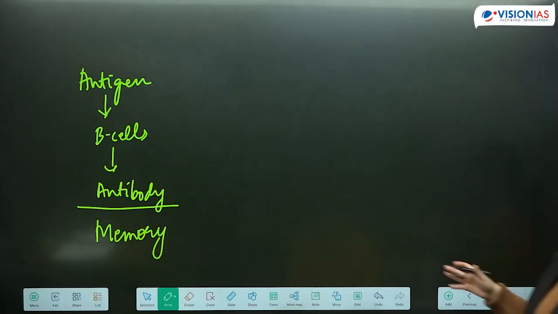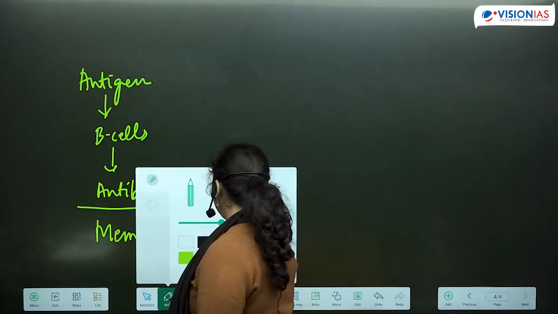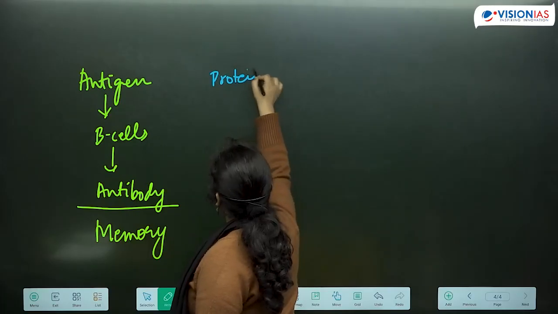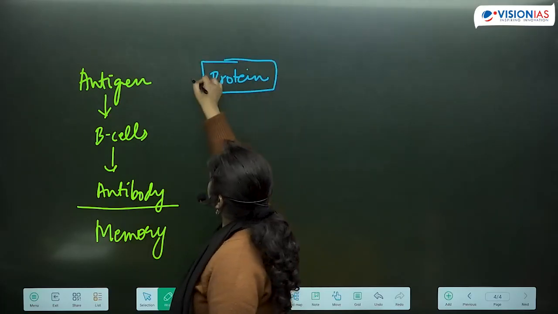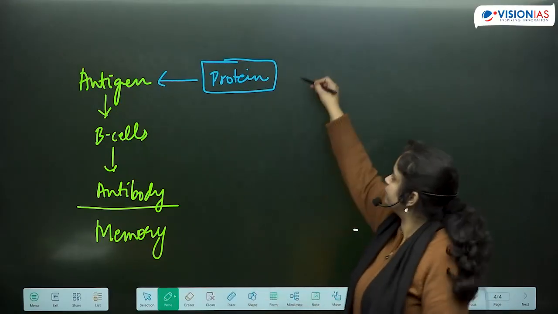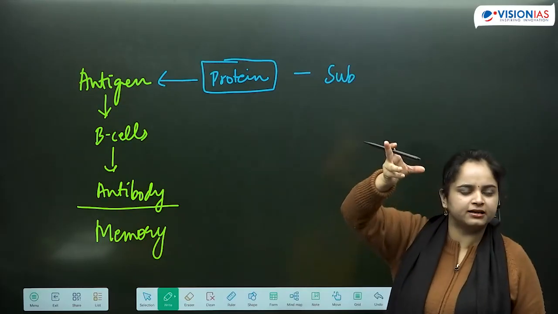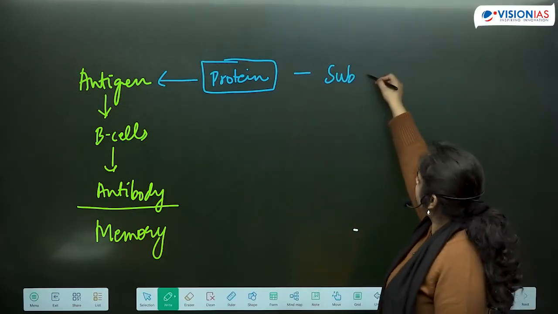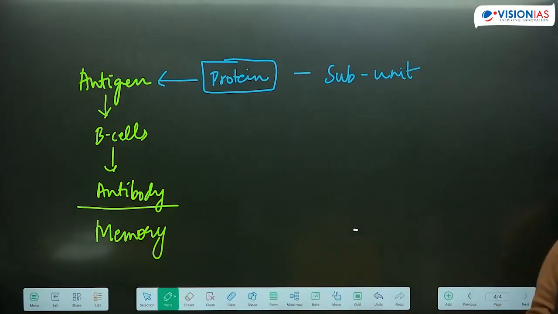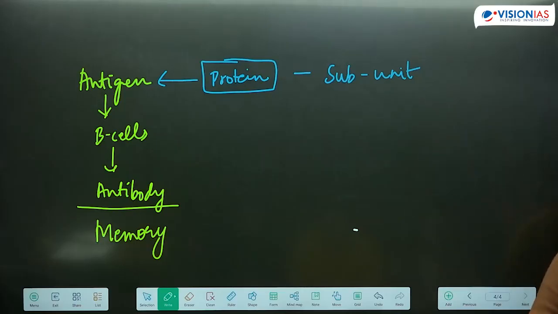You take a pathogen, you study its structure, and suppose you find out that for a particular pathogen, its proteins are acting as an antigen. Instead of the complete live or dead organism, we can take only the proteins. If the B cells' work is done just by recognizing the protein, then we can just give the protein, and we call this a subunit vaccine.